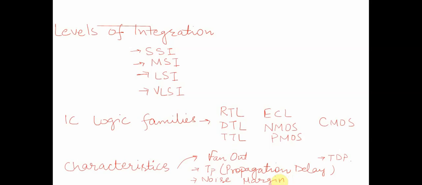To begin with, if we talk about our level of integration, I spoke about SSI, which is nothing but small scale integration. When we talk about level of integration, let's assume we have a circuit, a two input AND gate.